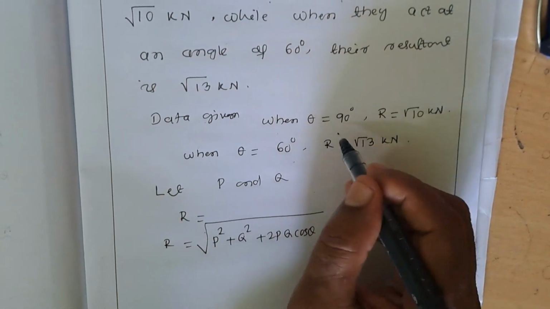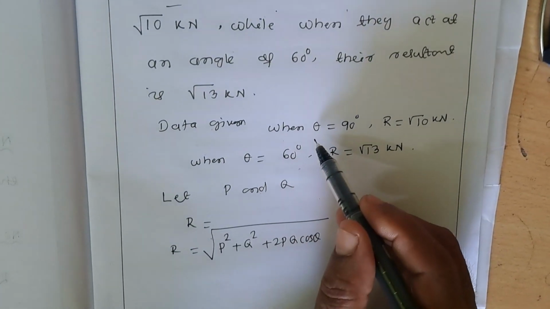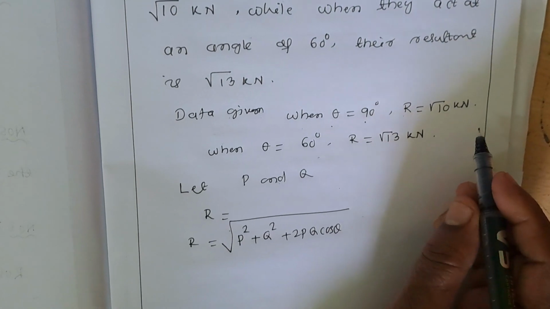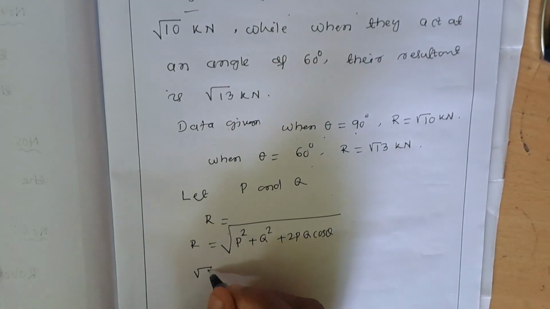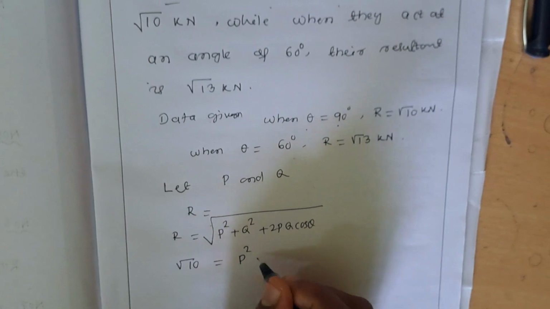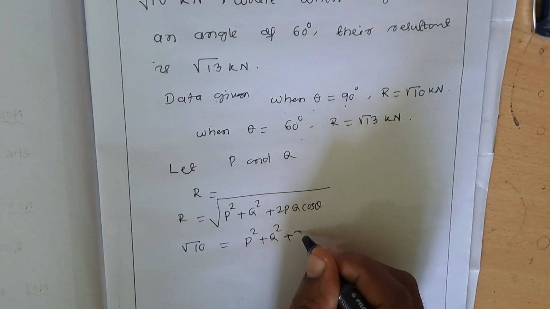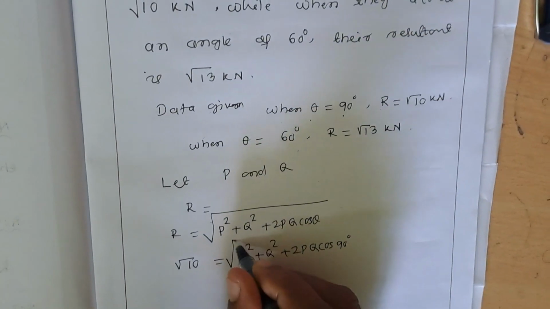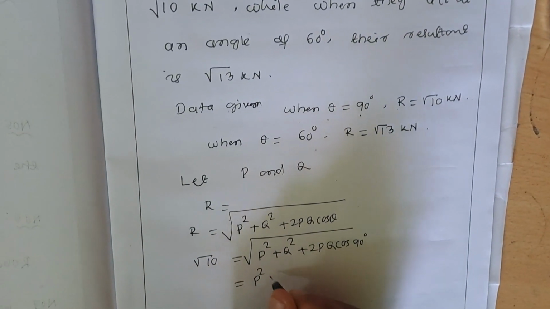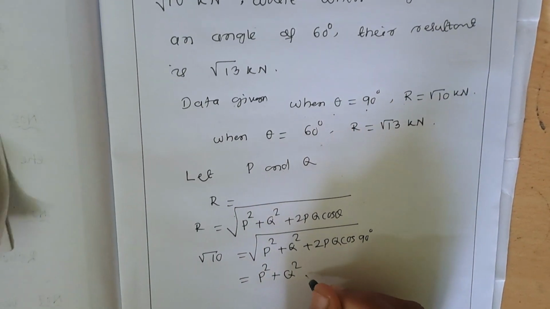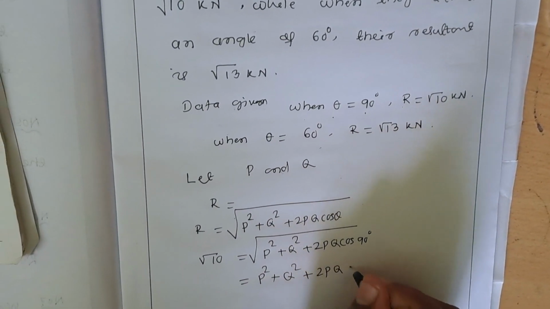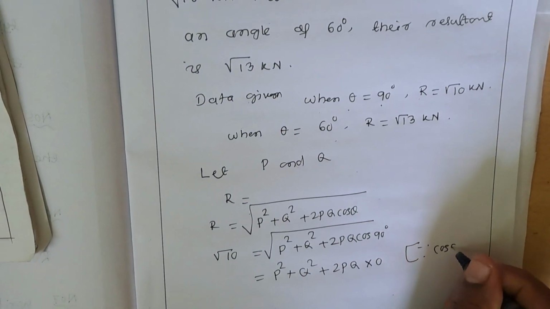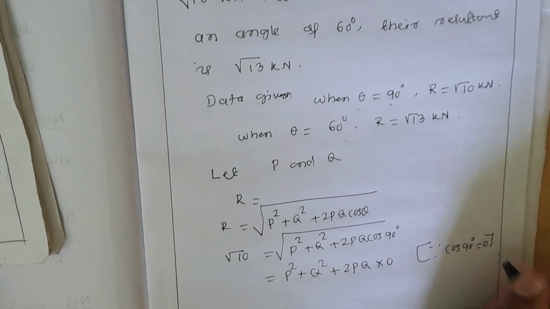First, according to question, when theta is equal to 90 degree, R is equal to root over 10. Putting these values, we have root over 10 is equal to root over P square plus Q square plus 2PQ cos 90, is equal to root over P square plus Q square plus 2PQ into 0, because cos 90 is equal to 0.